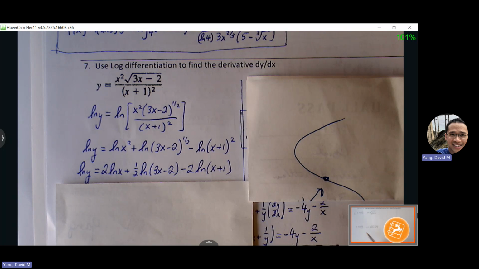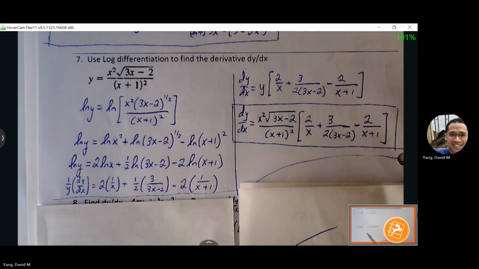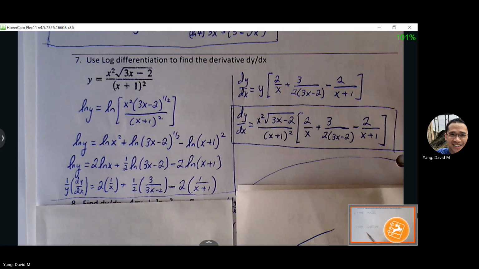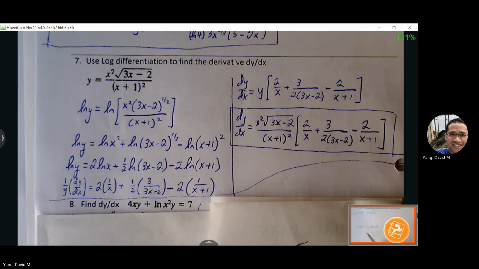Your derivative will look really messy, but you'll leave it in that form. Okay, any questions with number 7?